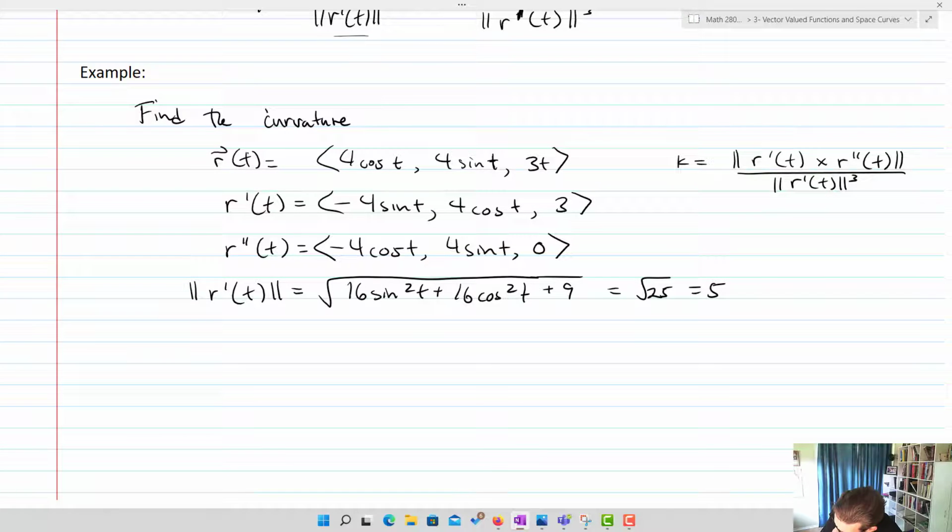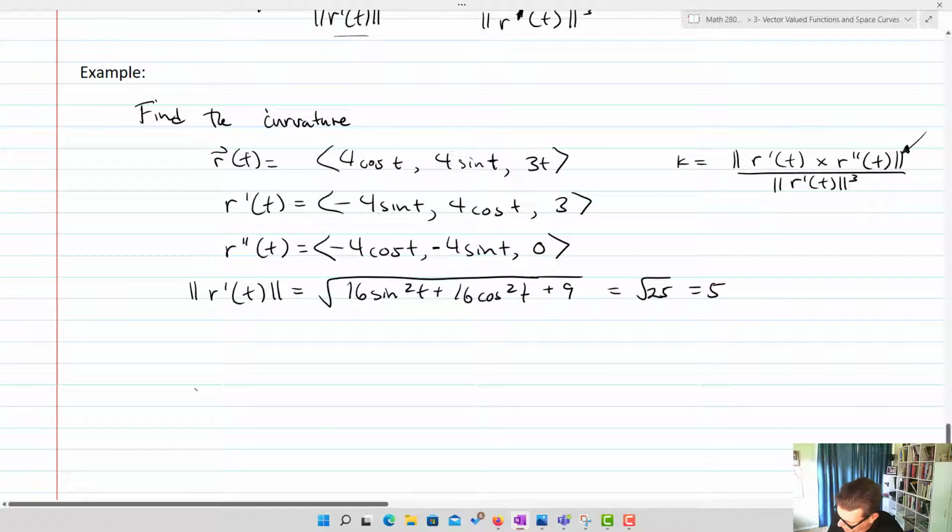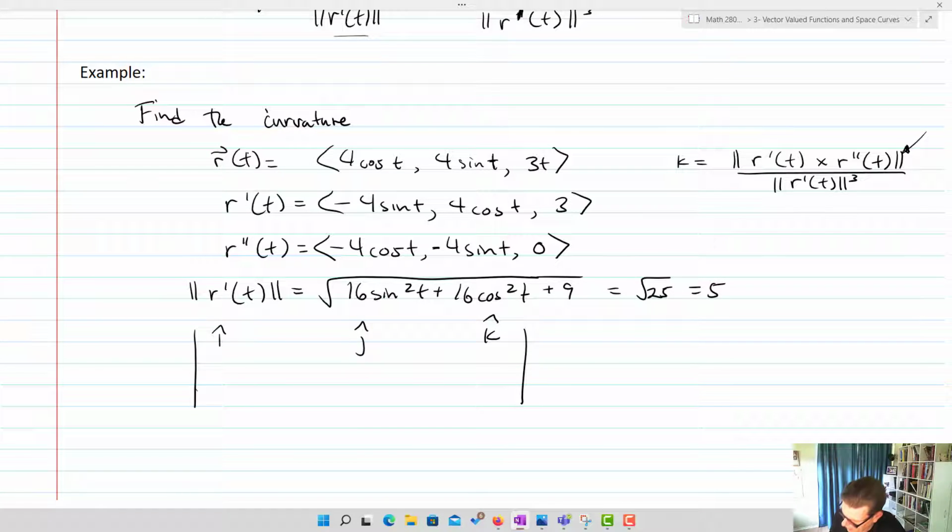Now what we're going to do is find the cross product. I've got i, j, k. That is going to be negative 4 sine t, 4 cosine t, 3, and negative 4 cosine t, negative 4 sine t, and 0.